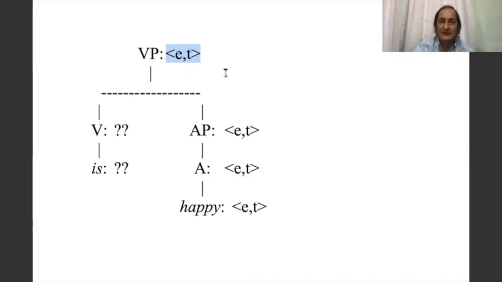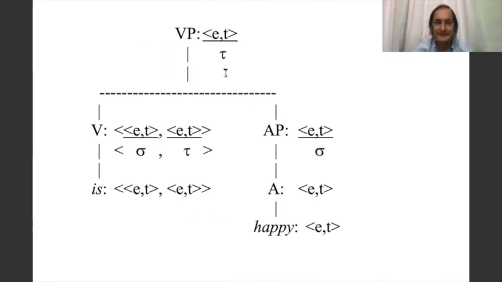With that information, we can go ahead and answer the question. It looks like this. Is is of type ET, ET. I've repeated that type here, and I've also spelled it out using this sigma tau labeling.